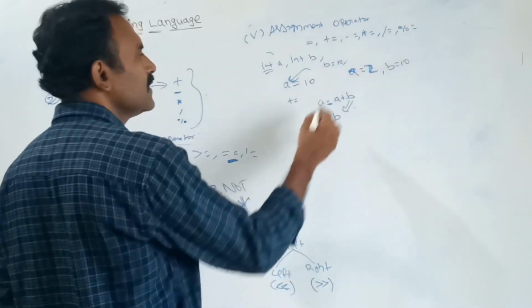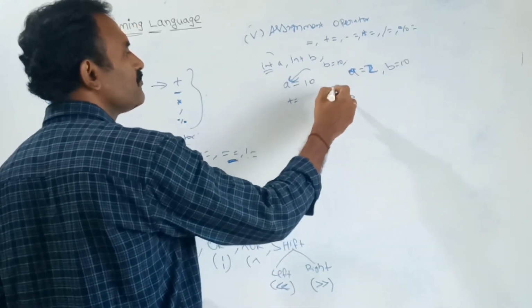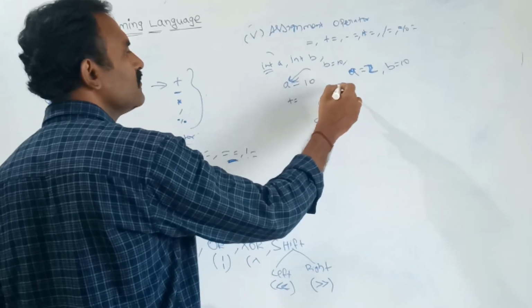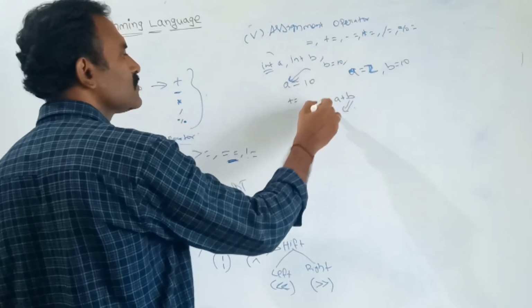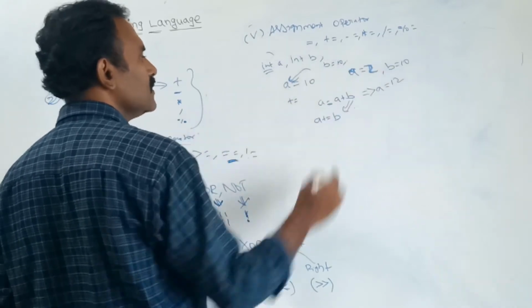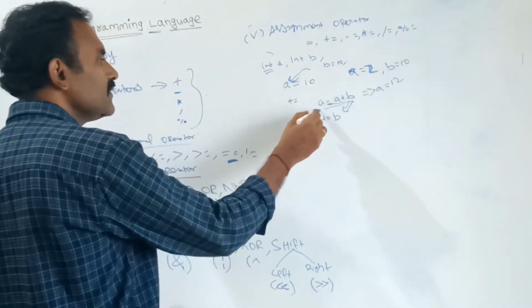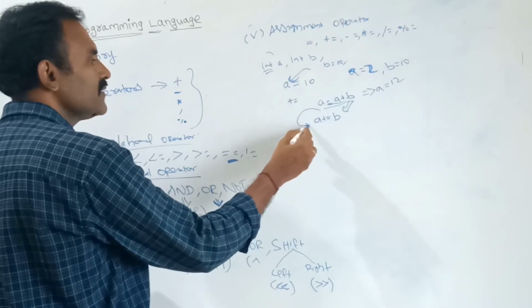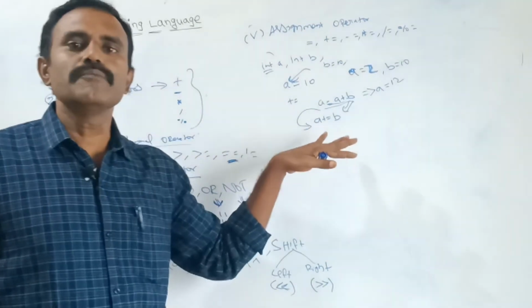Here a is equal to a plus b means I am going to add the value of a and the value of b and the result will be stored in a, so the result will be 12. Instead of this, by using the plus equal to operator we can write it like this also. Here also the result will be 12.